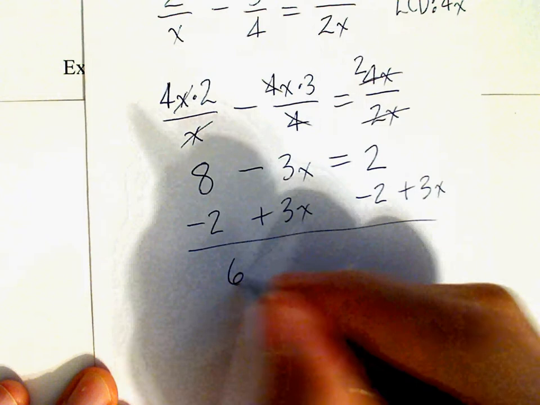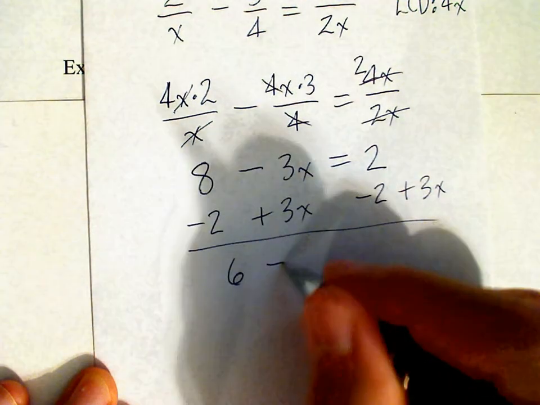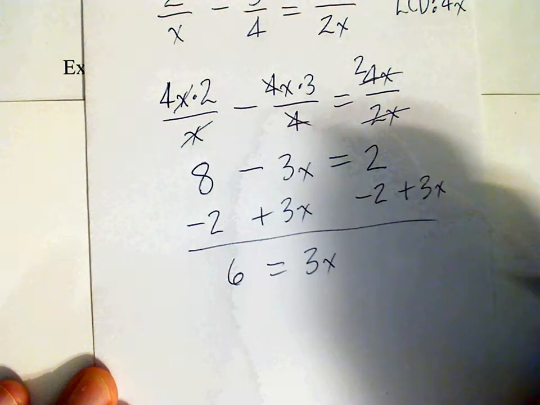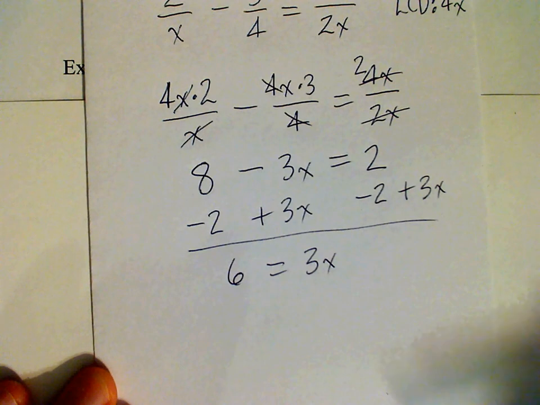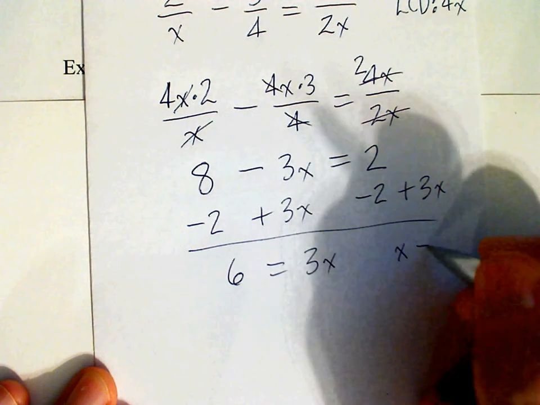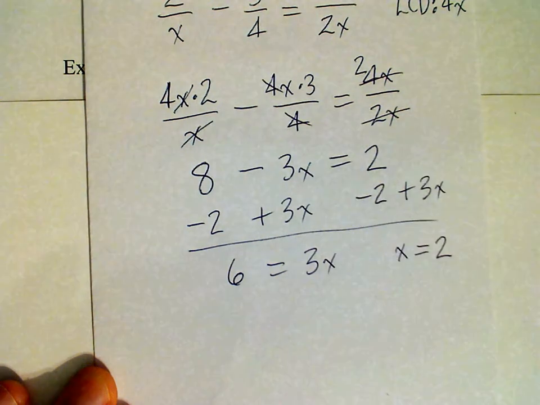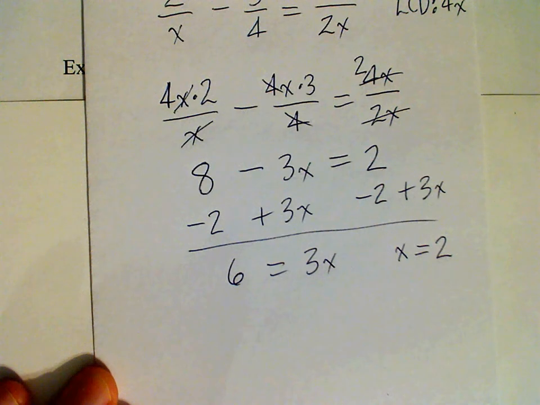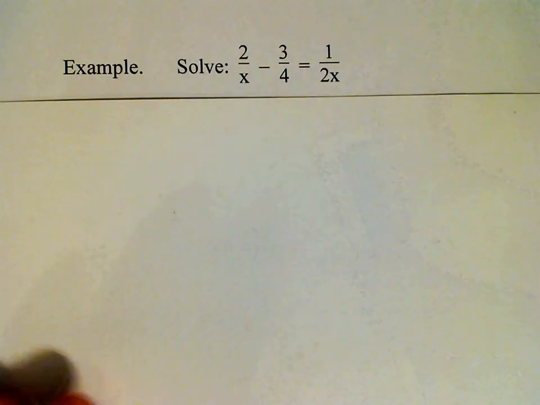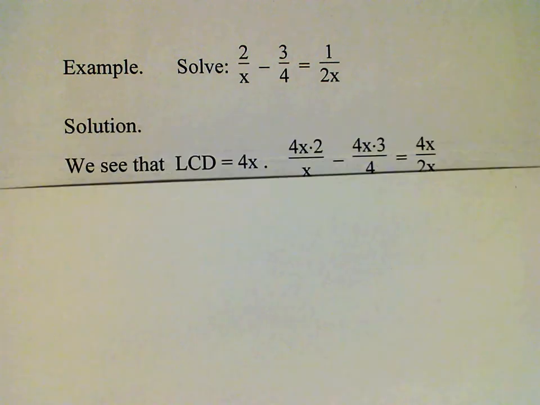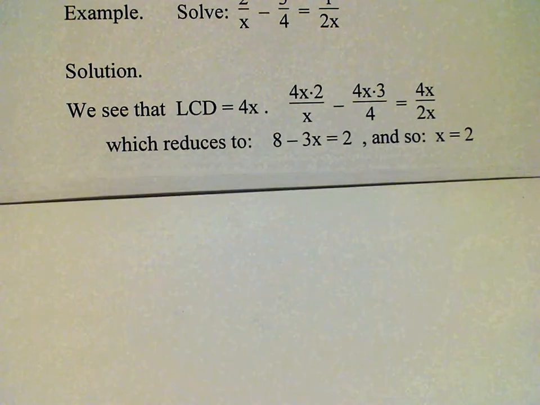That will leave us with 6 on the left-hand side and 3x. Well, if 6 is equal to 3x, then x must be equal to 2. And that is our solution. And again, the process is outlined here in the notes.